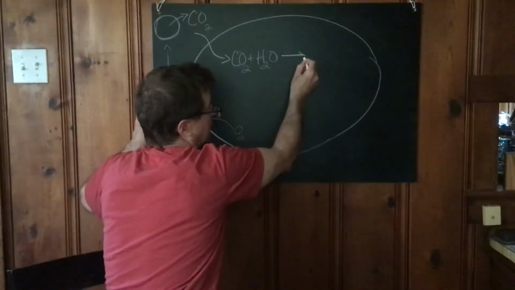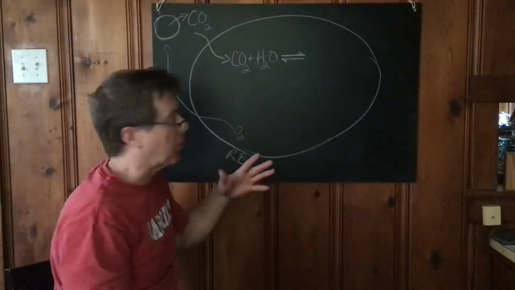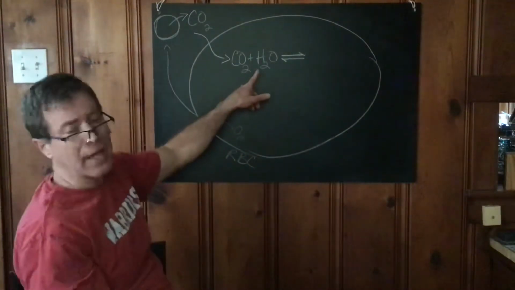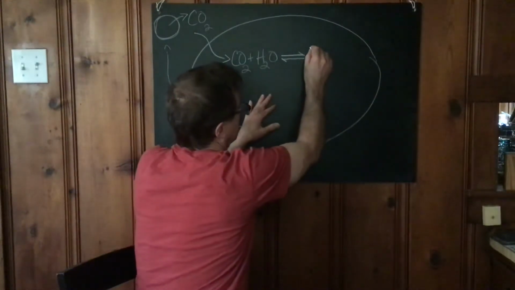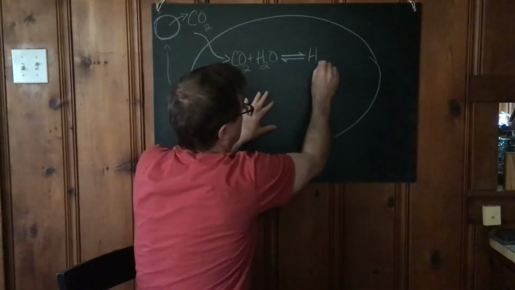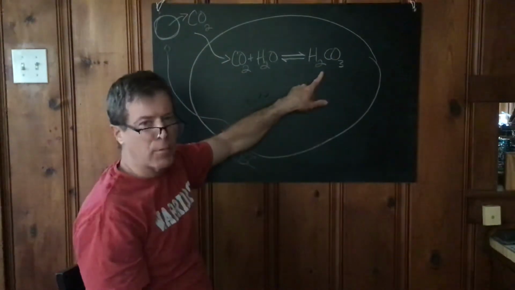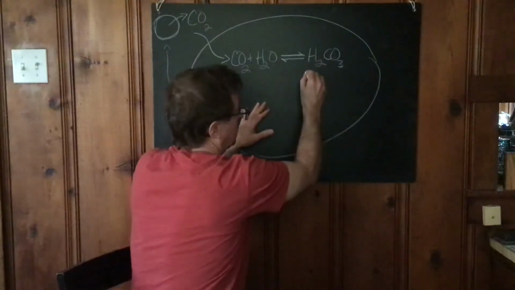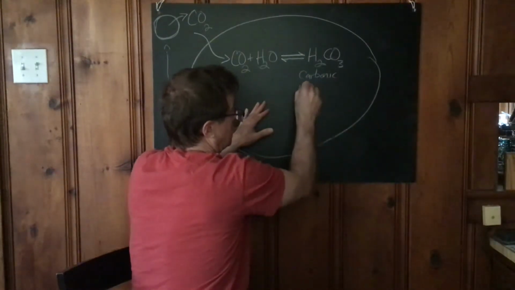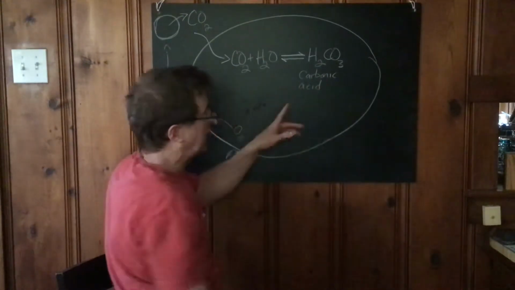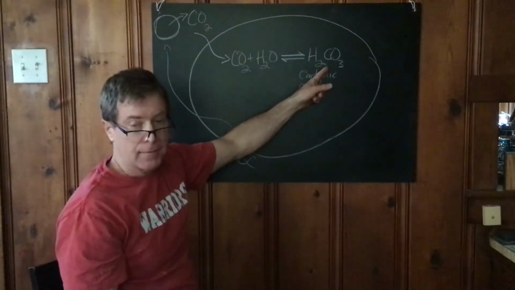So this is just a very simple chemical reaction, and CO2 plus H2O bound together creates H2CO3, which is carbonic acid. So all we did was combine these two molecules together. We come up with this.